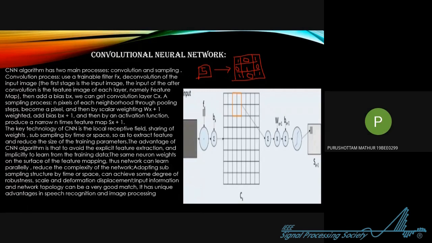Then we add a bias bx. We are adding some constant values, some extra values. As I said, biases are related to the activation functions.